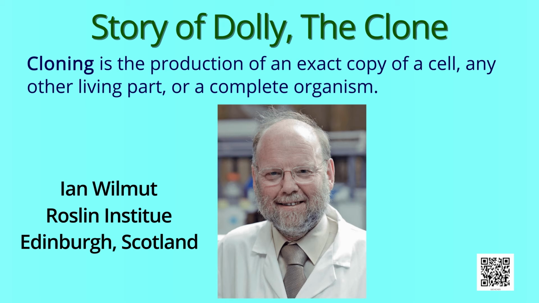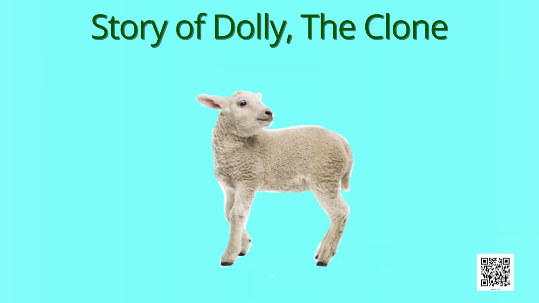They cloned successfully a sheep named Dolly. Dolly was born on 5th July 1996 and was the first mammal to be cloned. Dolly was a healthy clone of a Finn Dorset sheep and produced several offsprings of her own through normal sexual means.